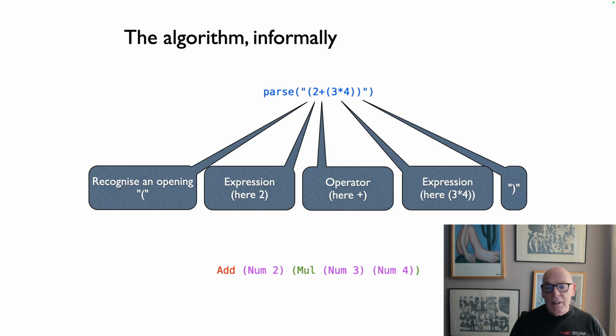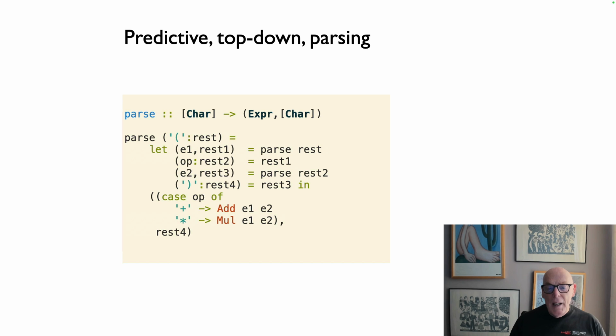So let's see how this translates into Haskell. In this particular part of the parse function, we know we're looking for a parenthesis first. So that's what the first line does. It says, in this case, we're looking at the beginning of an expression. So we're looking at that, and we can see that the rest of the string we call rest. And what do we want to do with that?